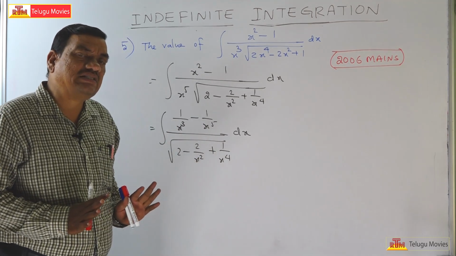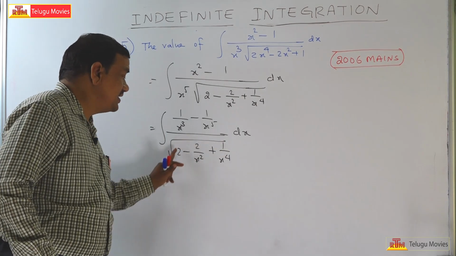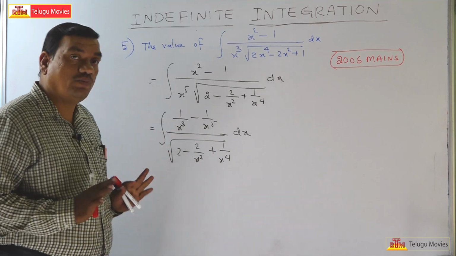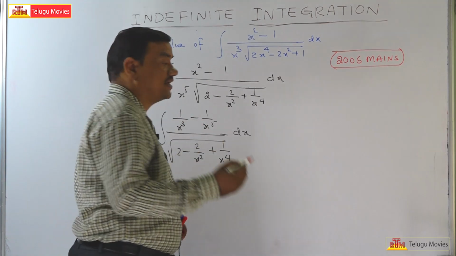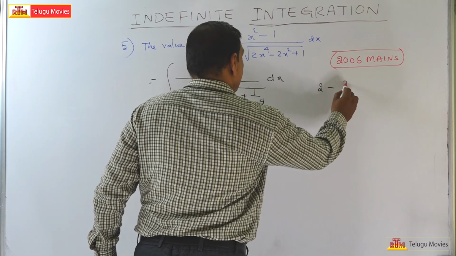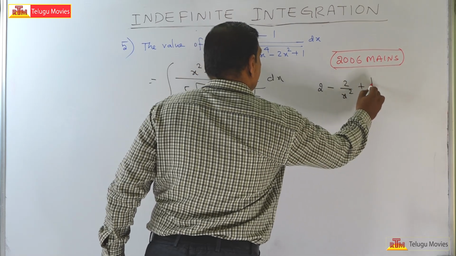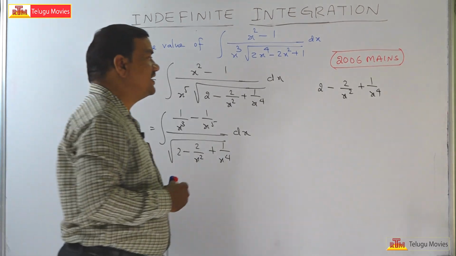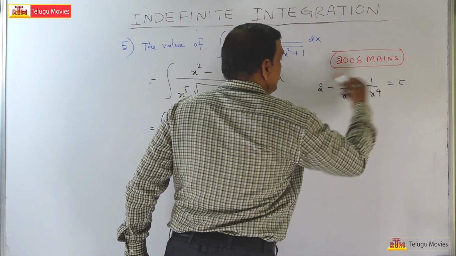Now, in this case, in the majority of cases, the derivative of this under root you will definitely get in the numerator. Let us check. Do the rough work here. Take 2 minus 2 by x square plus 1 by x power 4 and find the derivative of that. If you call it t, find the derivative.